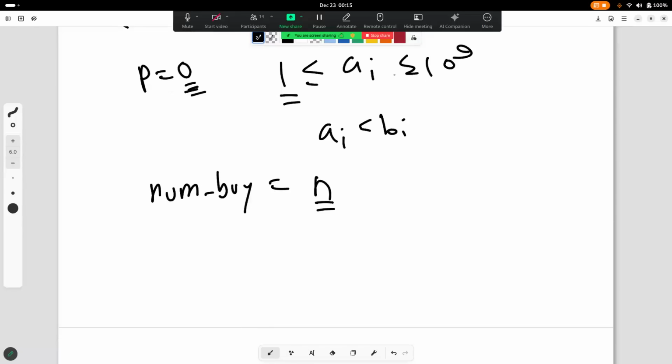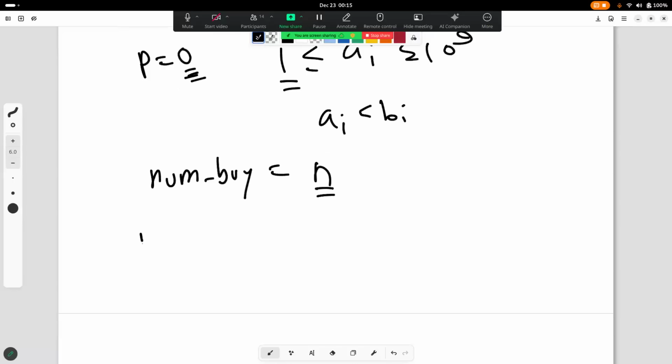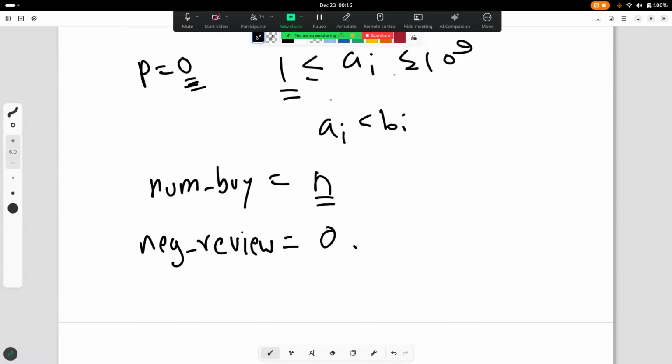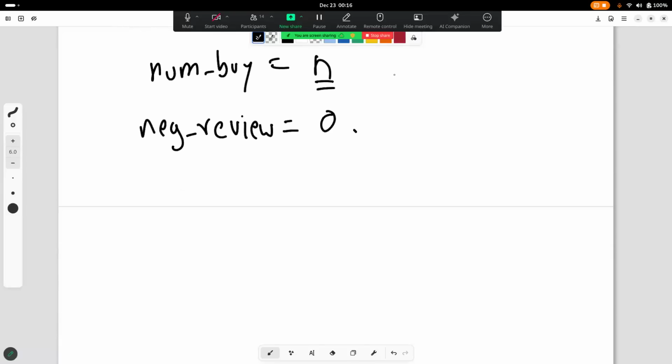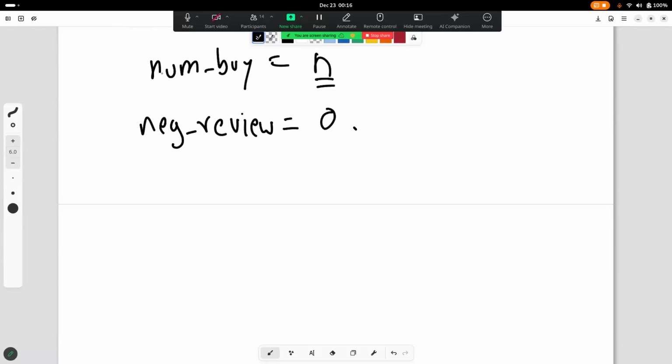So you have N buyers, and the number of negative reviews is 0, because P is less than or equal to A of I, so everyone gives you a positive review. Now, what's the next point where a change occurs?